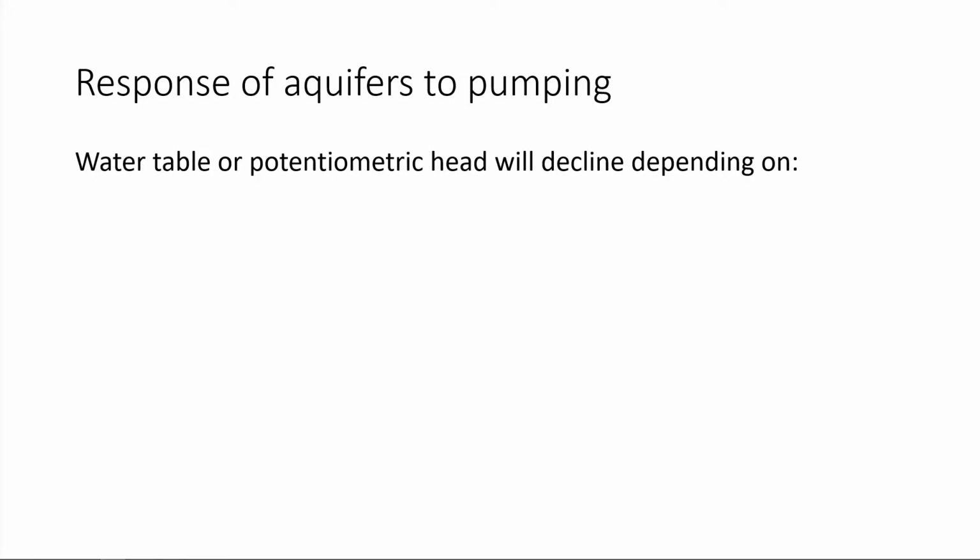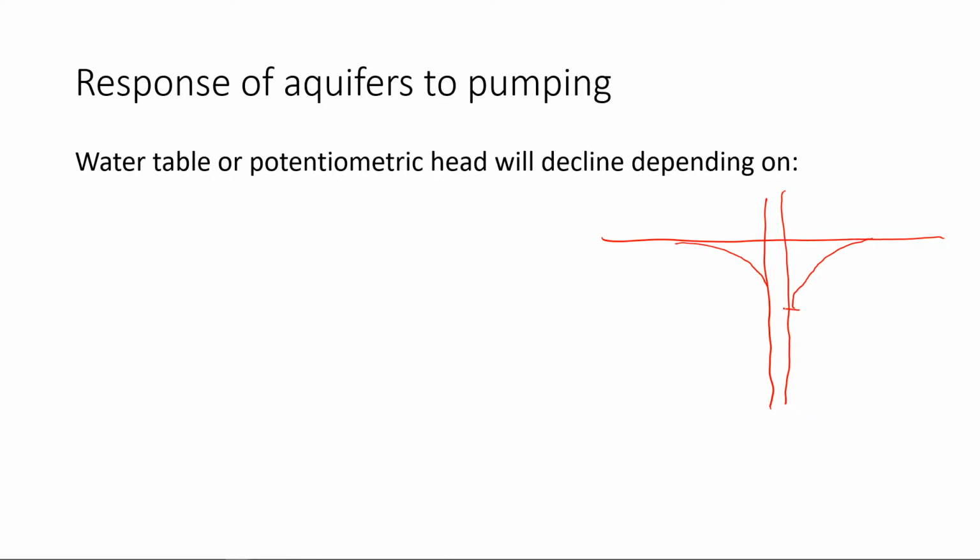Obviously, if you are in an unconfined aquifer, your water table will drop because you are draining the pore space. So let's say this is your initial water table, and here you have a pumping well. Once you start pumping, the water level will drop.